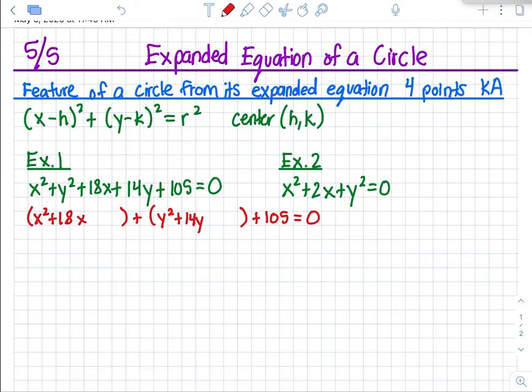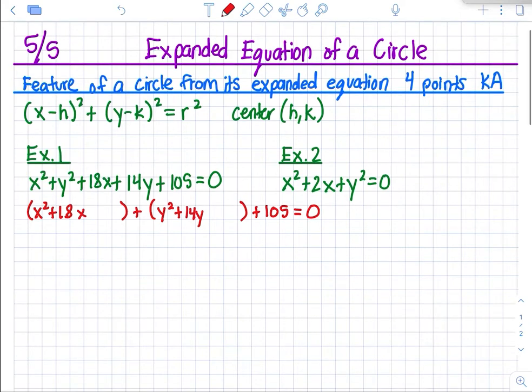Okay, so all I did was put the x variables next to each other in parentheses, and put the y variables next to each other in parentheses, and then plus 105 and then equals 0. Now this is the process on how you complete the square. For the x variable, you have to half the 18 and then raise it to the second power.